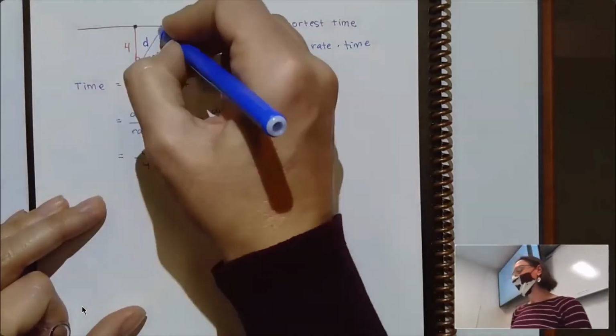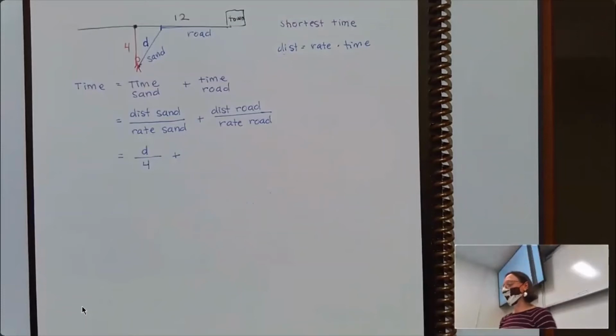So if that's a D, we need an equation for the distance on the road. Does anyone have any brilliant inspiration for how we're going to come up with the distance on the road?